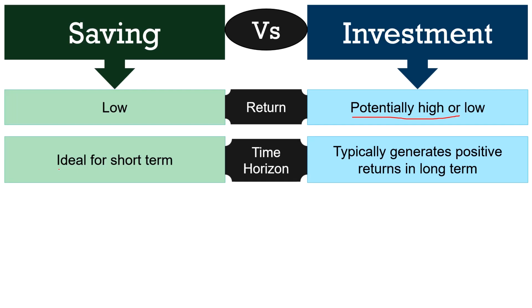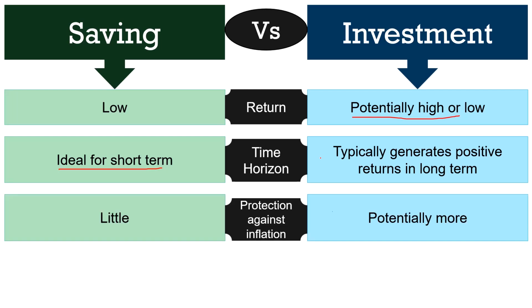Time horizon. Because the return on saving is quite low, it is ideal for meeting short-term financial goals. However, to reach long-term financial goals, investment is a more preferable option because it can generate higher returns in the long run. While saving provides a little protection against inflation, investment provides more protection against inflation.